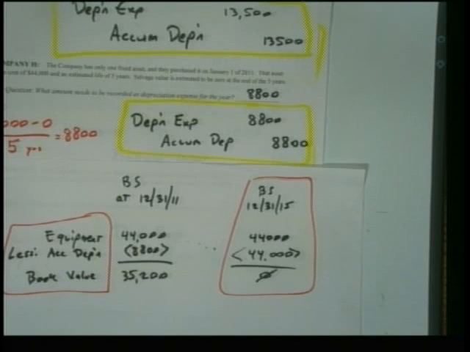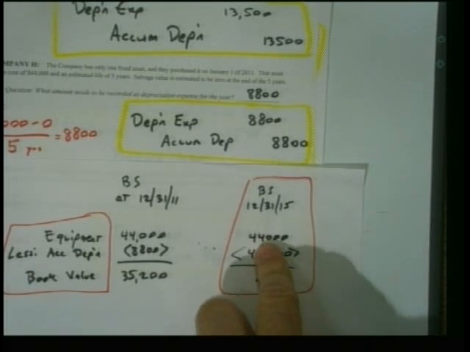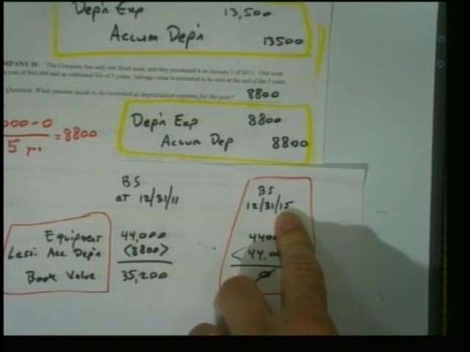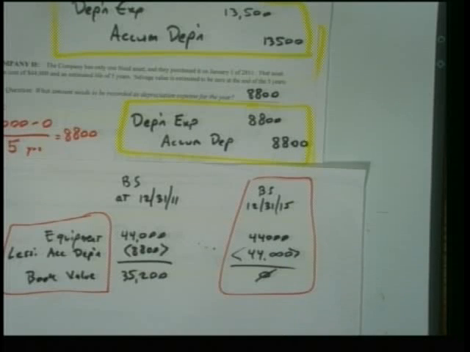It's zero. However, if I have a vehicle, going back to the Elmo, if I have a vehicle that I paid $44,000 on January 1 of 2011, and December 31st of 2015 rolls around, it's fully depreciated. Is that vehicle worth nothing? No. Now, we're not trying to reflect market value on the balance sheet.